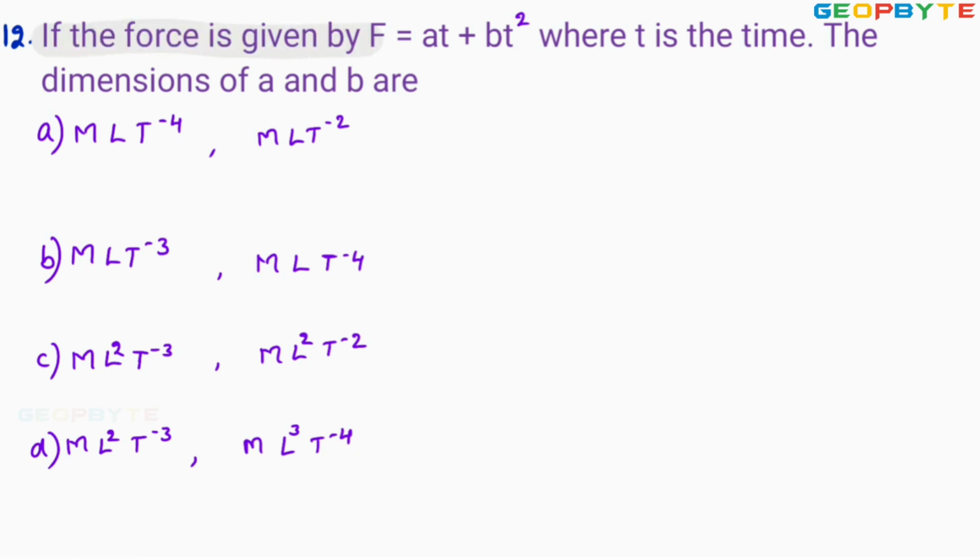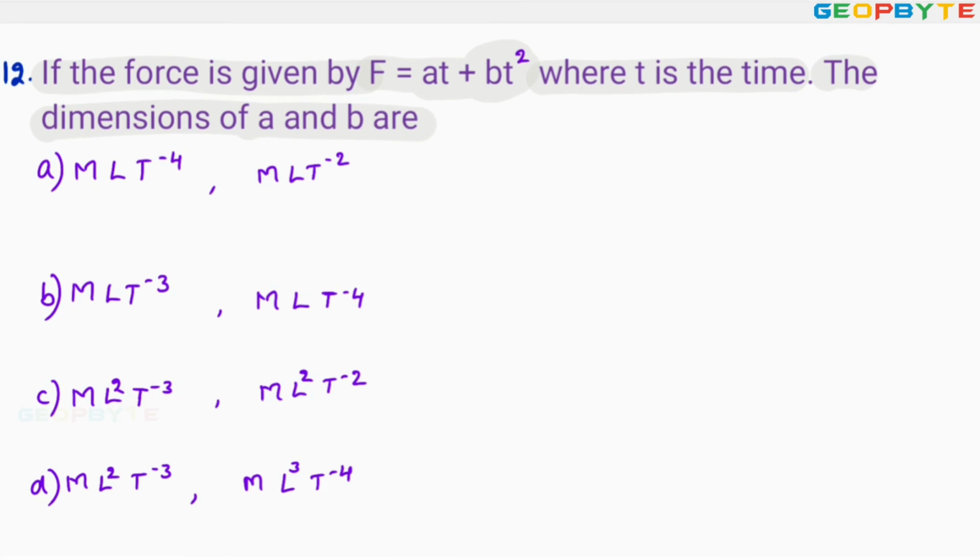If the force is given by F equals A t plus B t^2, where t is the time, and the dimensions of A and B are asked. I think we have discussed the same problem as the fourth problem. This problem has been given 2 times. Very, very important problem. Since we have already discussed it as the fourth problem, you practice this problem.